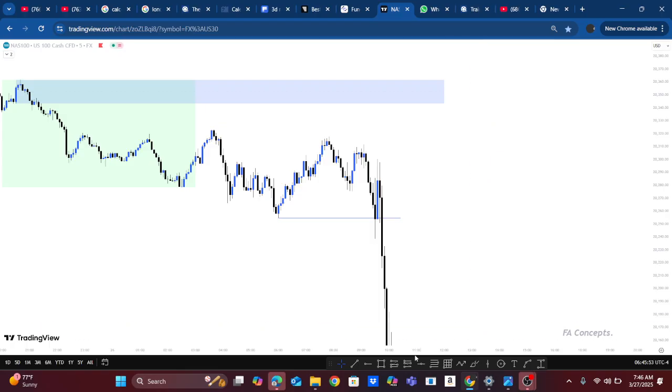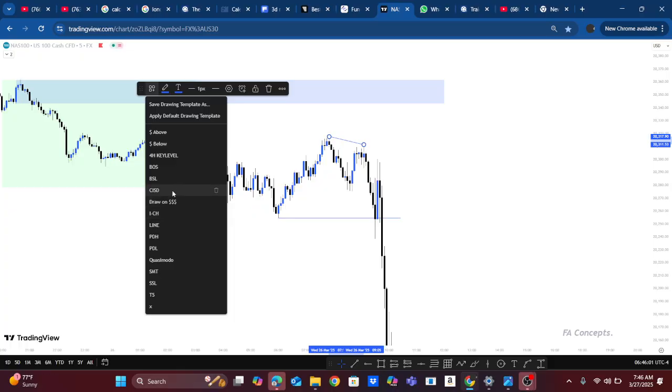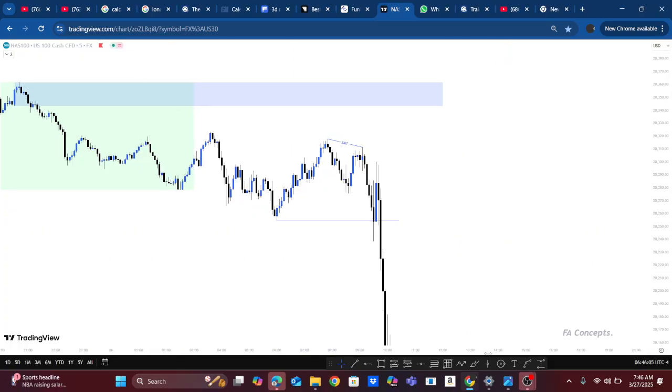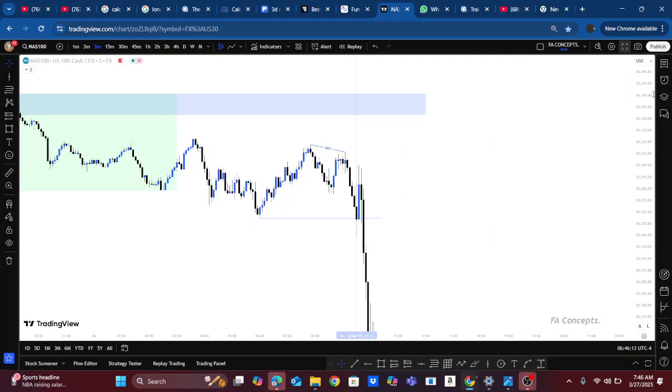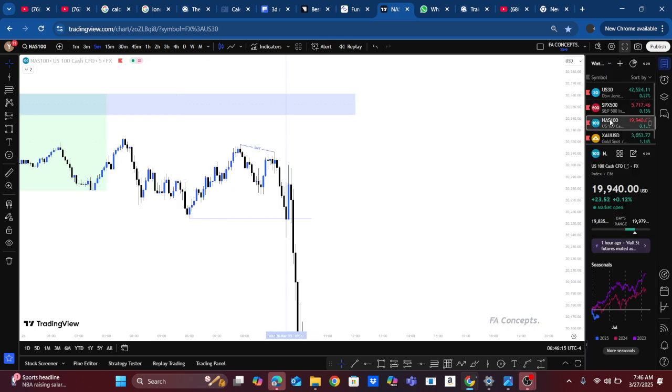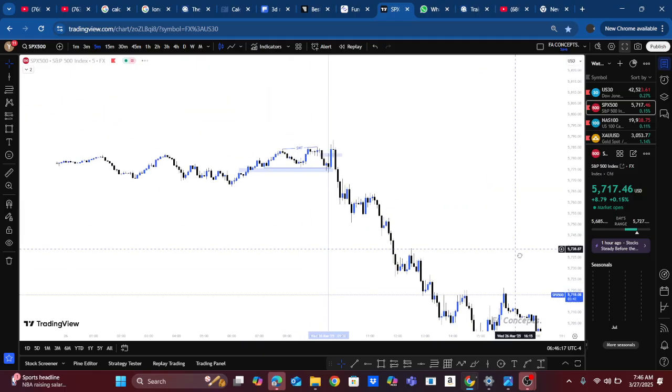You saw this NAS made the lower high, as you can see right here. Where is it? Yes, New York Open here. So NAS was making the lower high, right? You can see here.